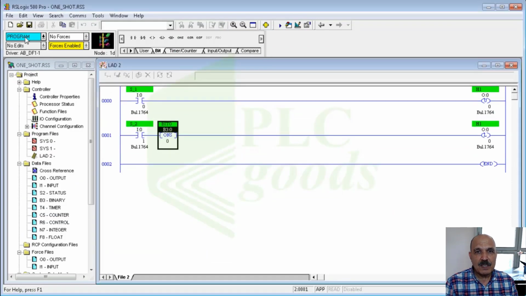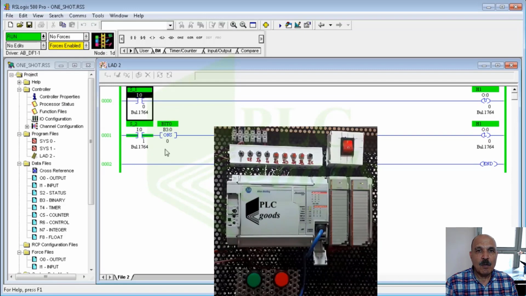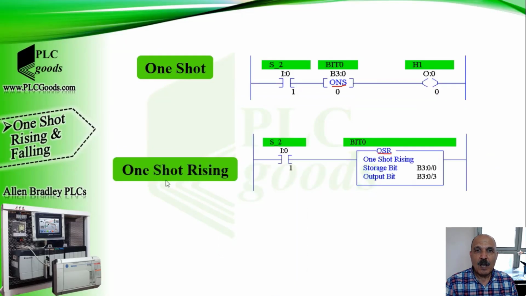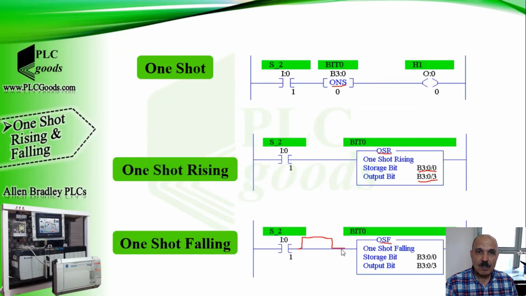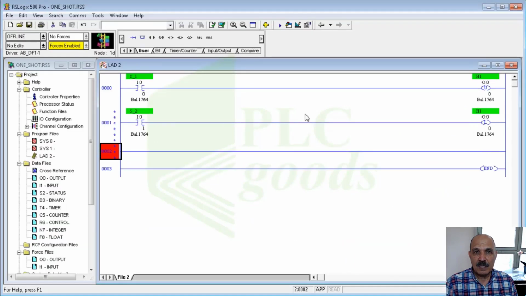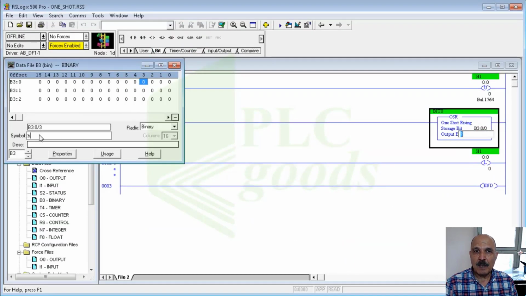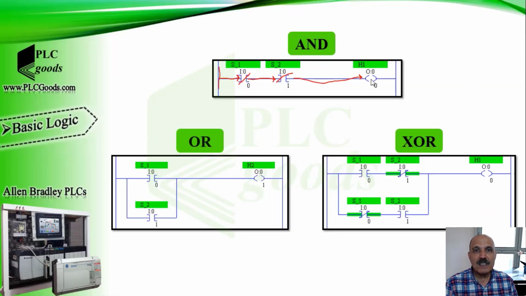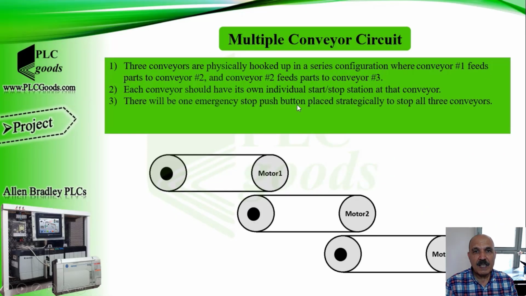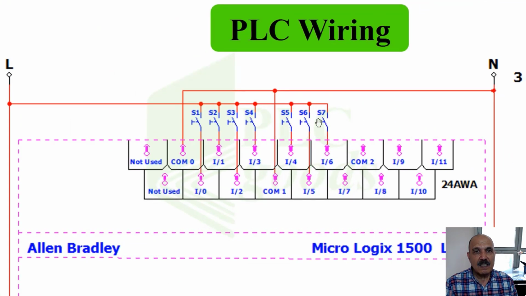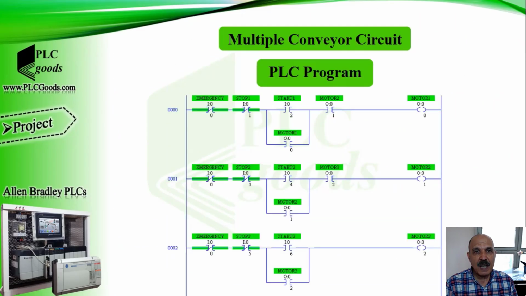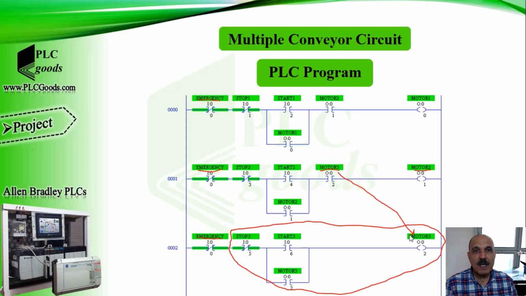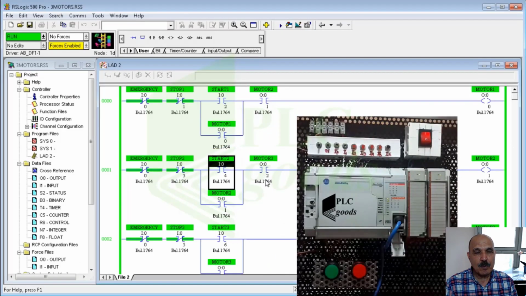Basic logic functions like AND, OR, and XOR are briefly introduced, showing how to use them in a PLC program. A simple project is presented involving 3 conveyors connected in series. This tutorial provides hands-on examples and practical applications of PLC programming ideas.